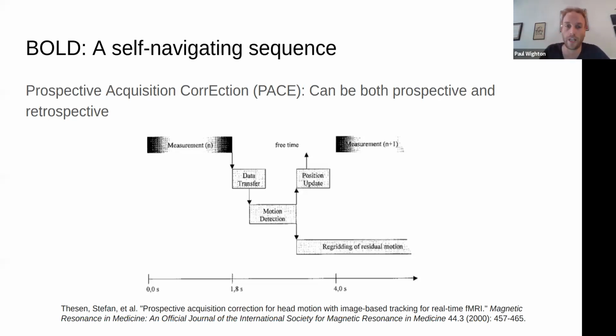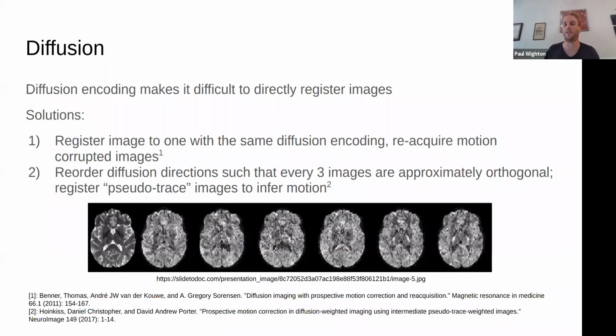Okay, so that's PACE. Just to build off that a bit, the obvious extension is, would it work on diffusion? It's another EPI-based sequence where you get a bunch of images every few seconds.